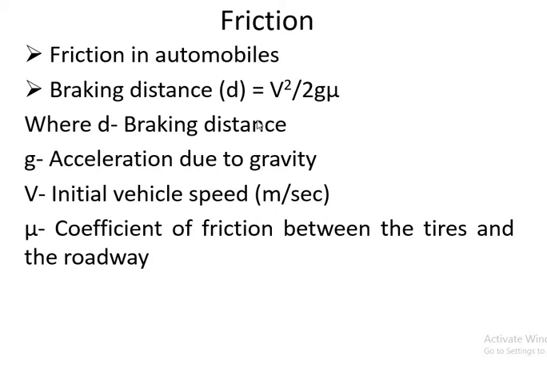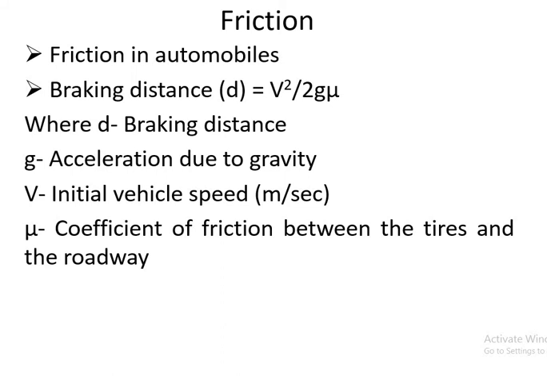If the initial velocity of the vehicle is very high, d will also be high, because d is proportional to the square of the velocity. So when we brake at a high velocity, the braking distance will be very high, and when the velocity is low, the braking distance will be low.